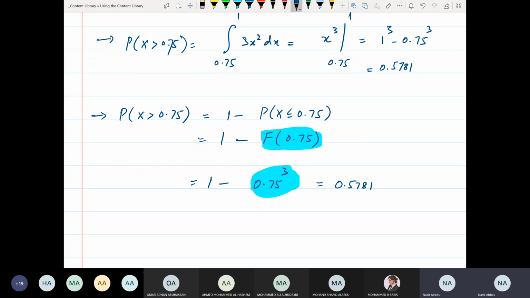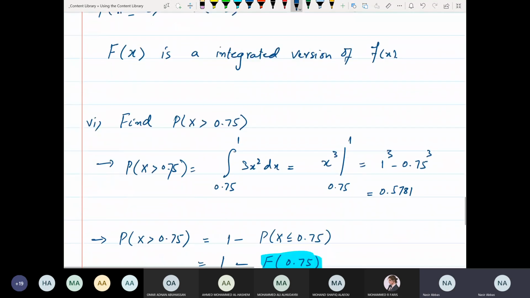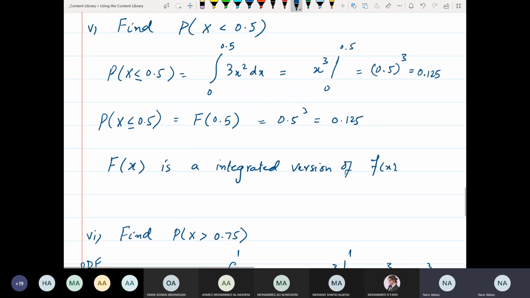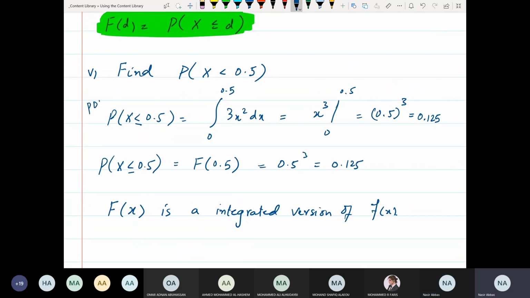So we just saw we can find less than probability using both PDF and CDF. This is PDF. And this is CDF. We can find greater than probability using both PDF and CDF.